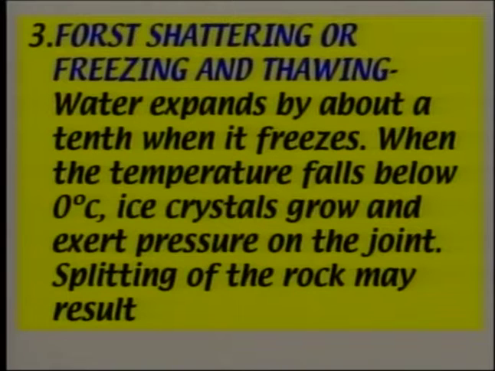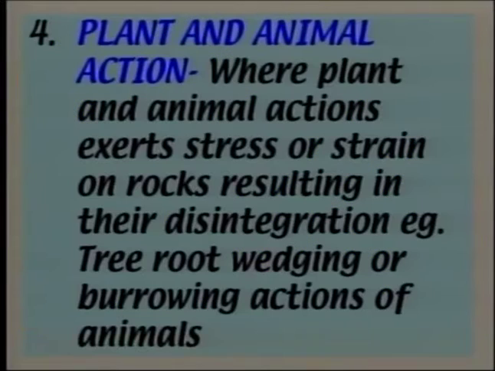We found out that water expands by about 1/10 of its volume when it freezes. When the temperature falls below 0 degrees Celsius, ice crystals grow and exert pressure on the joints. Splitting of the rocks may result from the growing of the ice crystals. That comes under frost shattering or freezing and thawing.